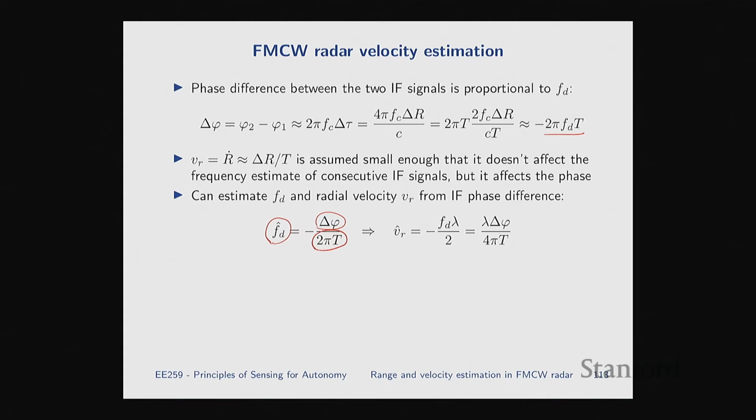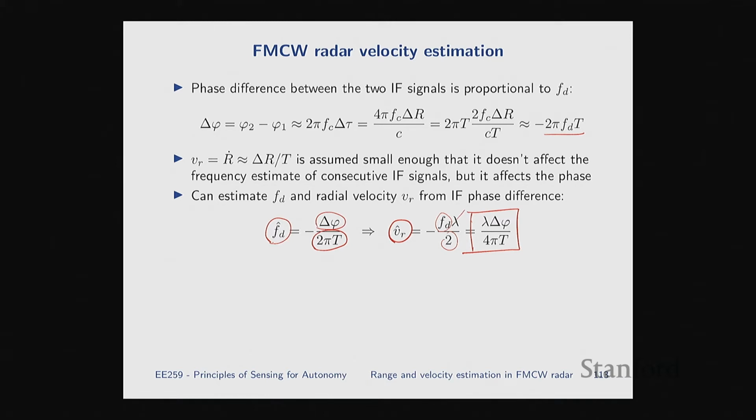And from the Doppler shift, we can find the relative radial velocity between the target and the radar, which, as we know, is just minus fd times lambda over 2. Lambda is the wavelength. In terms of phi, it's this expression, okay? So that is, in principle, how you can estimate velocity in an FMCW radar.